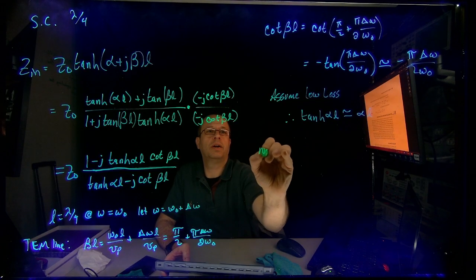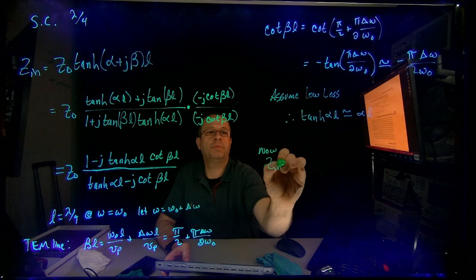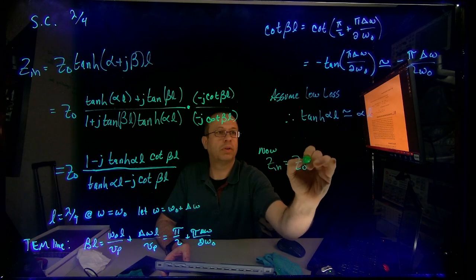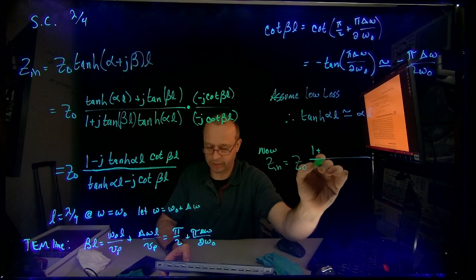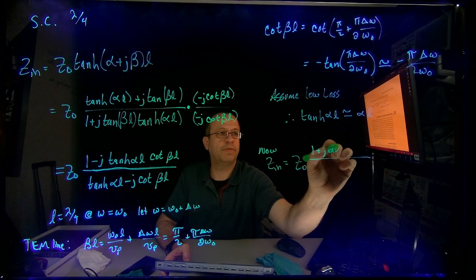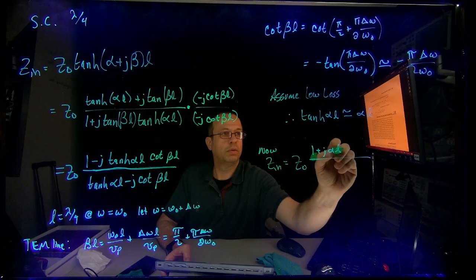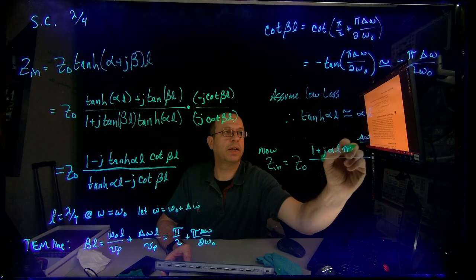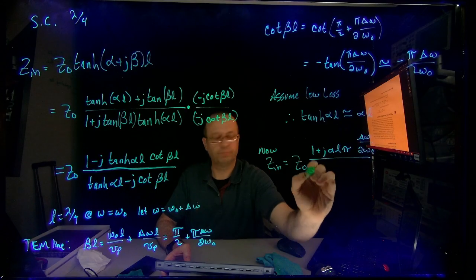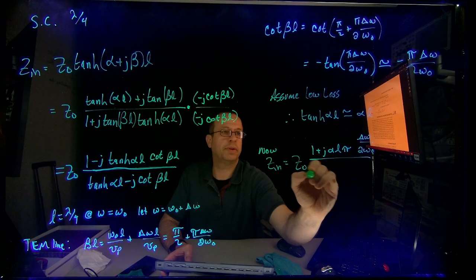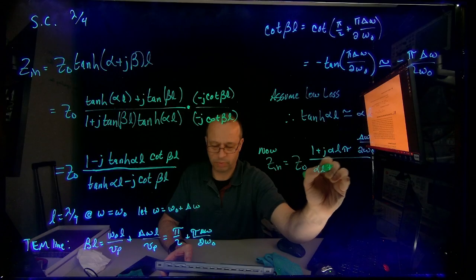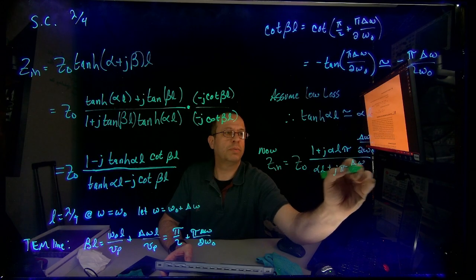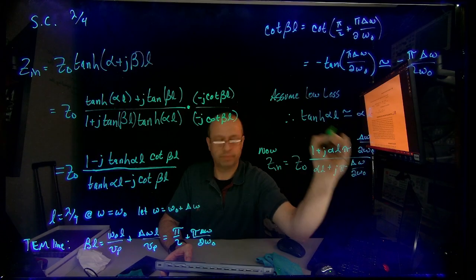Now our input impedance is therefore Z naught times 1 plus j alpha L times pi delta omega over 2 omega naught, and then the denominator is just alpha L plus j pi delta omega over 2 omega naught.